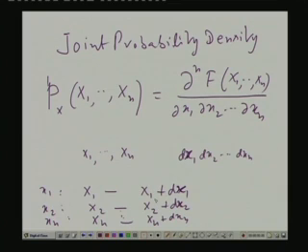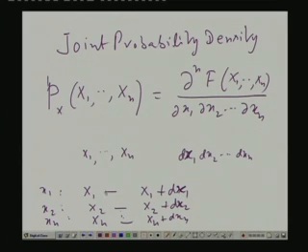I repeat again, this means that I am looking for the probability of these elements x1 to xn lying within a small hypercube located where?